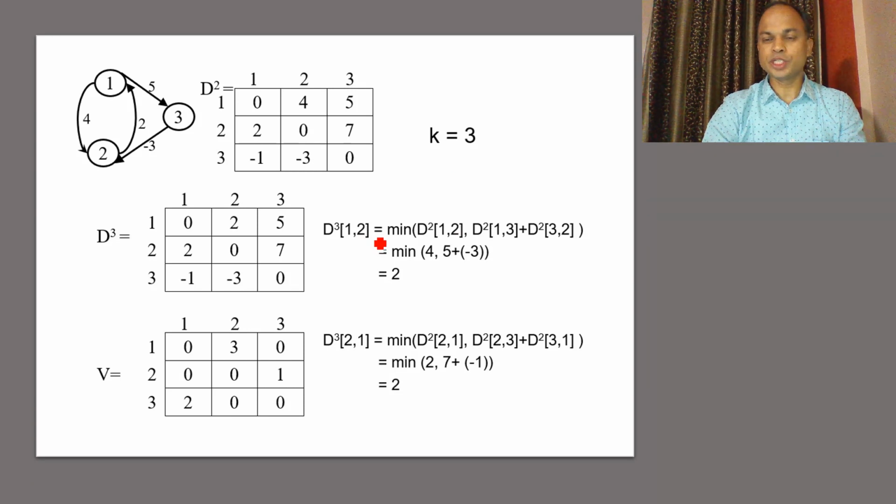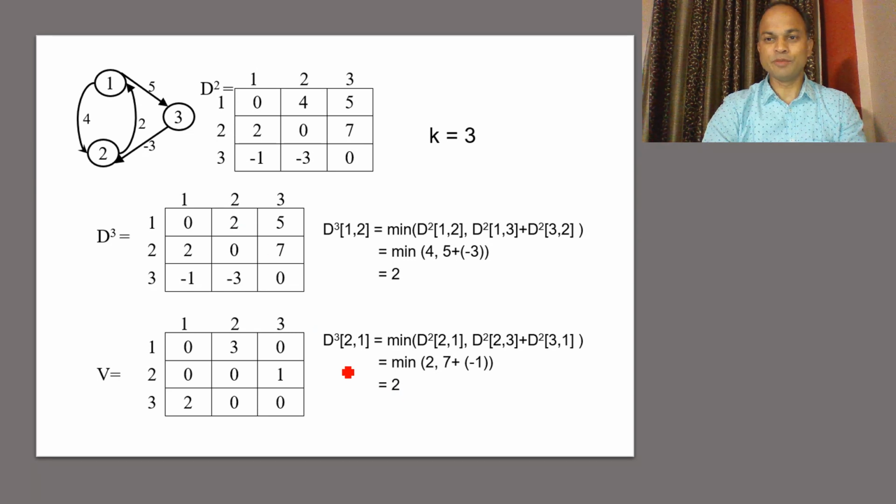Then D3 1 2 is given by the minimum of D2 1 2, D2 1 3 plus D2 3 2. If we compute this value, then this value is 2. Therefore, D3 1 2 is 2, and we have marked it as 2.